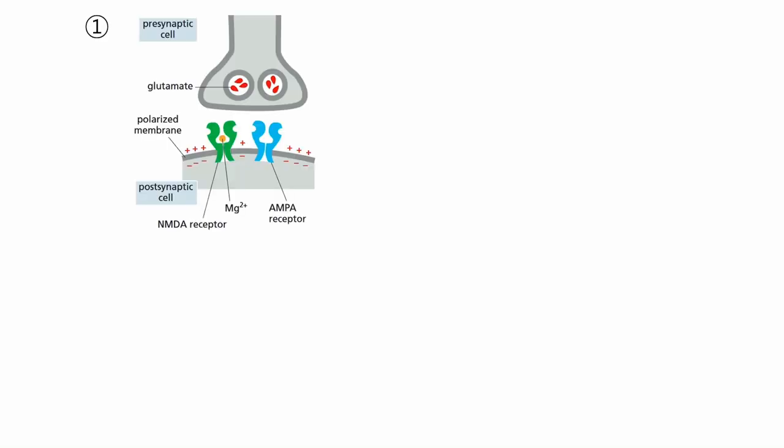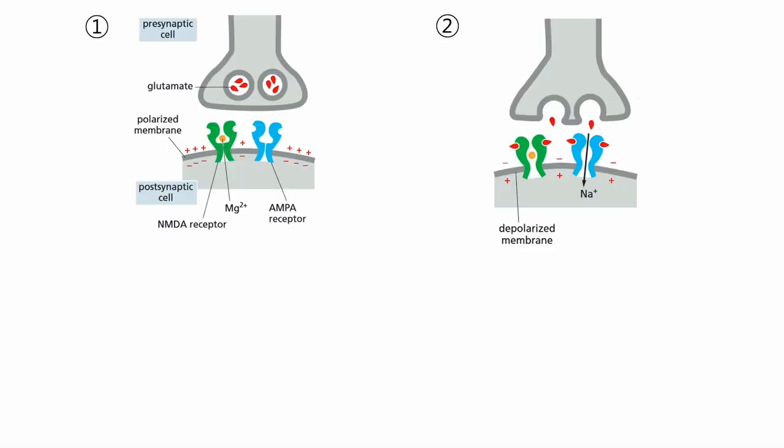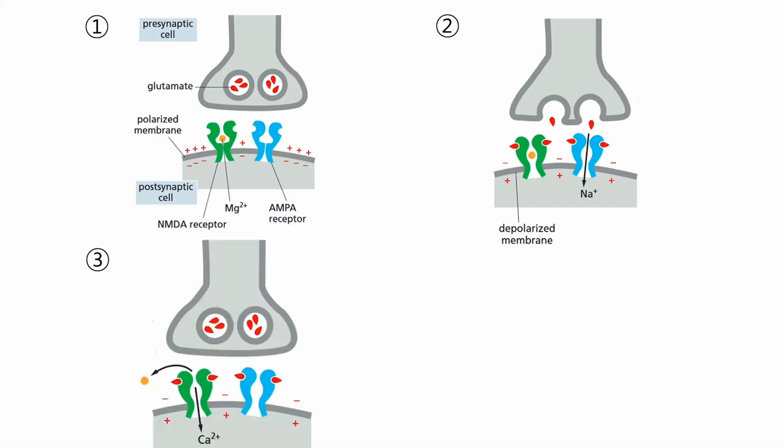So, now let's look at the very simplified process of LTP. First, glutamate released by the activated presynaptic nerve terminal opens AMPA receptors, allowing sodium influx that begins to depolarize the postsynaptic membrane. Second, partial depolarization, and although not shown, glycine or D-serine is required.